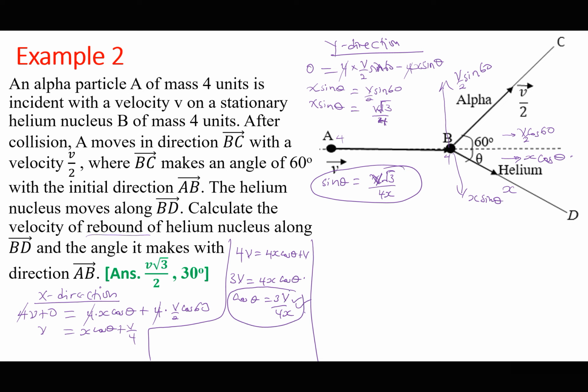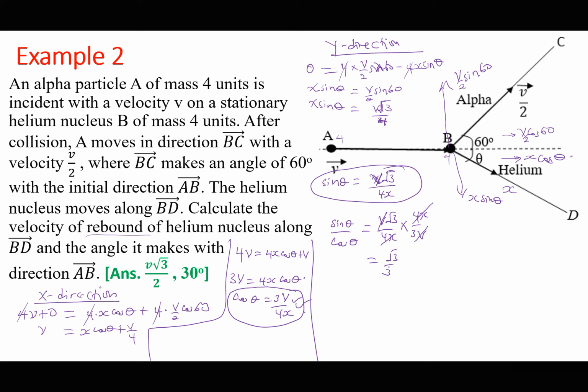This is my first equation. So I'm going to divide the two equations. So I have that sine of theta divided by cos of theta is equal to V root 3 divided by 4x, times the reciprocal, which is 4x divided by 3V. So this becomes root 3 over 3.